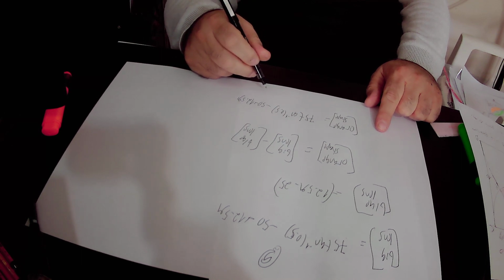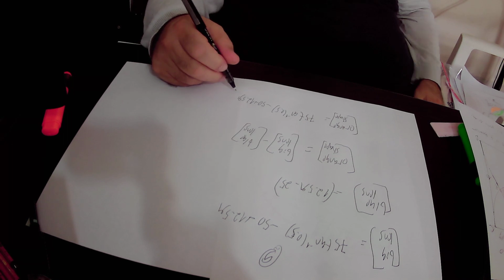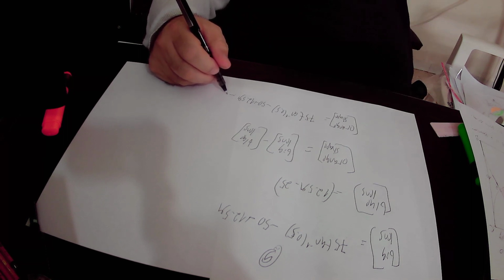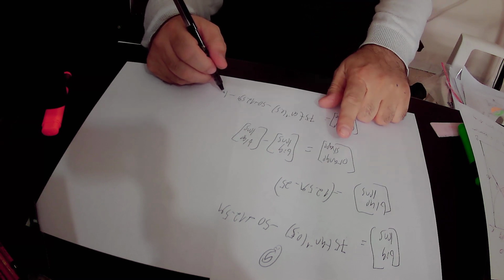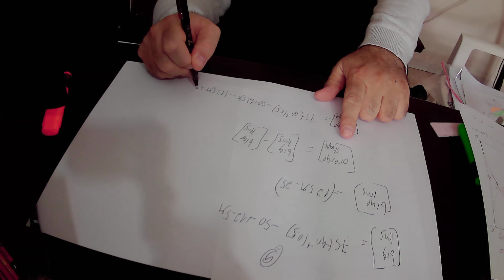This is the area of the big lens, and we have to subtract from it the area of the blue lens. So it is minus the area of the blue lens, and the area of the blue lens equals 12.5 pi minus 25.